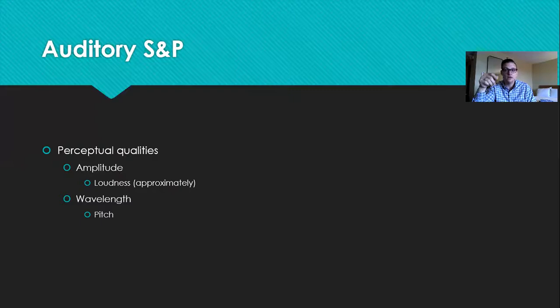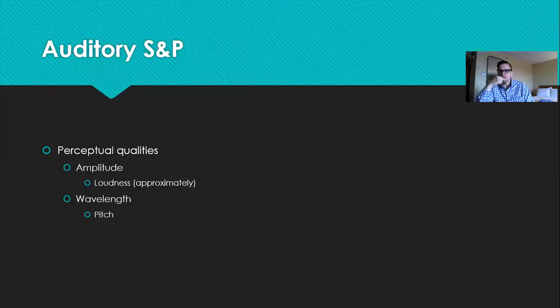And I say roughly for a reason that I'll cover here. And then the wavelength roughly corresponds to the pitch we hear, so how high pitched or how low pitched it is.